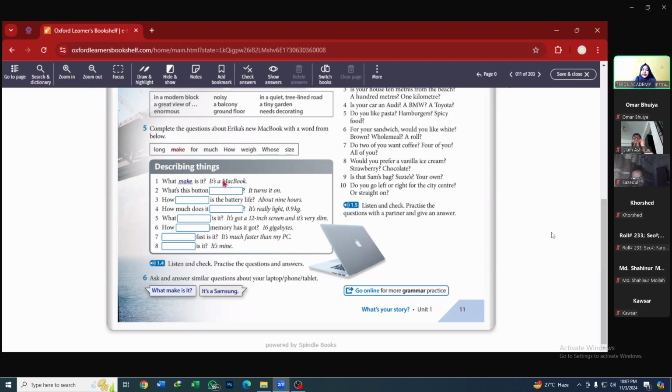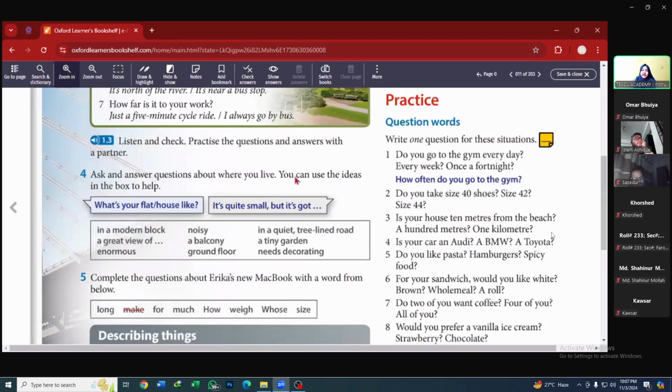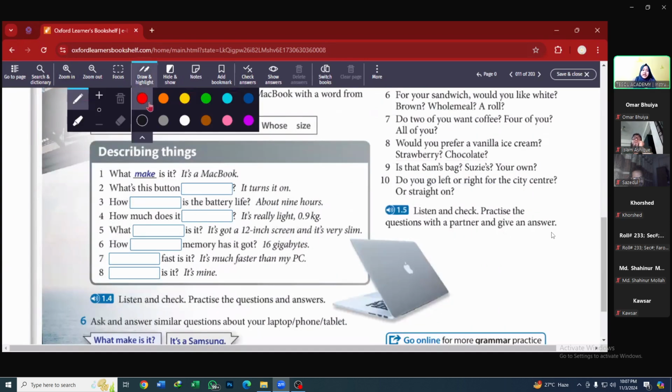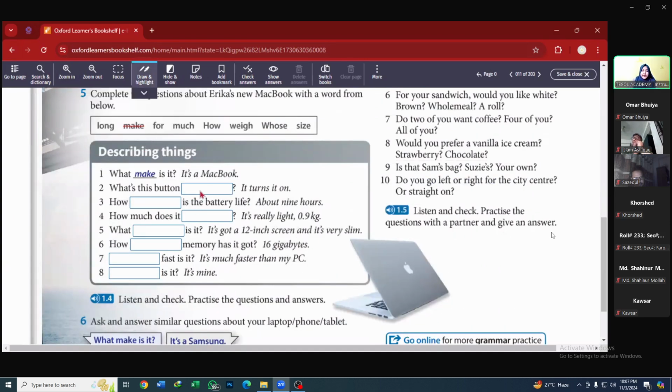So what we have to do here is, here are certain questions and answers given, but the questions that are given are incomplete. There are certain blanks given here. These are the blanks that need to be filled by the words given in the box. So we have clues given that need to be picked up and put in the blanks accordingly.